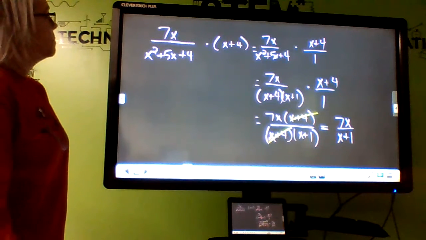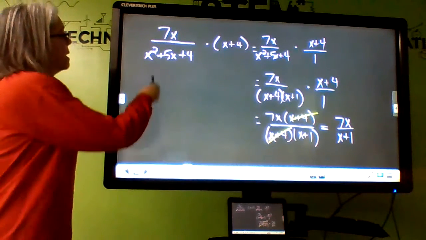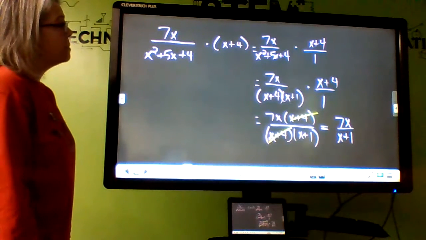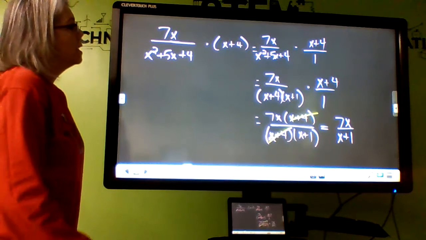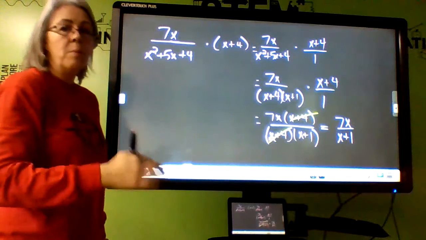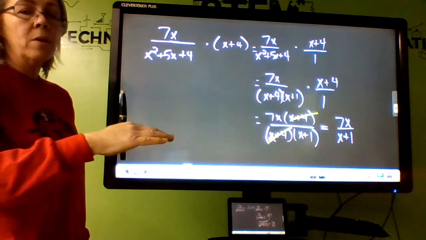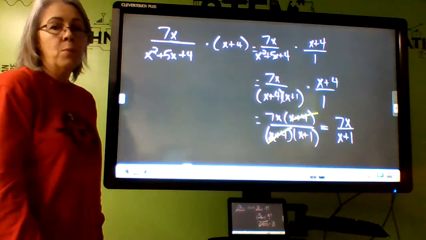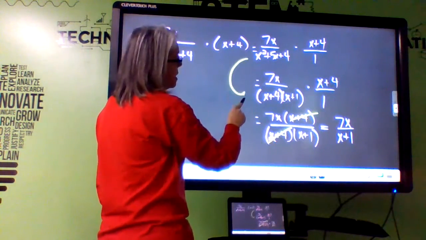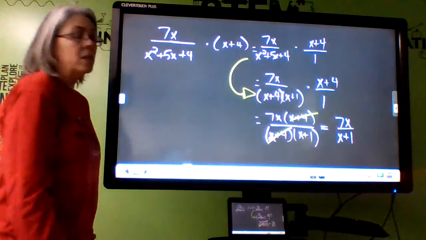Okay, another example, 7x divided by x squared plus 5x plus 4 times the quantity x plus 4. And again, when you just have that listed, remember you can write it as a rational number or in fraction form by just putting it over 1, which is what I did right here. And then you can see that this trinomial needed to be factored.